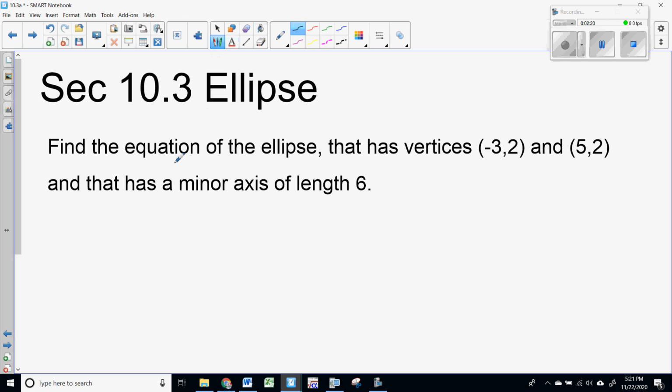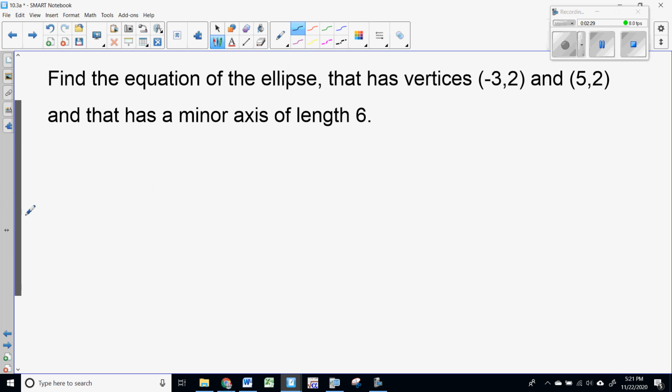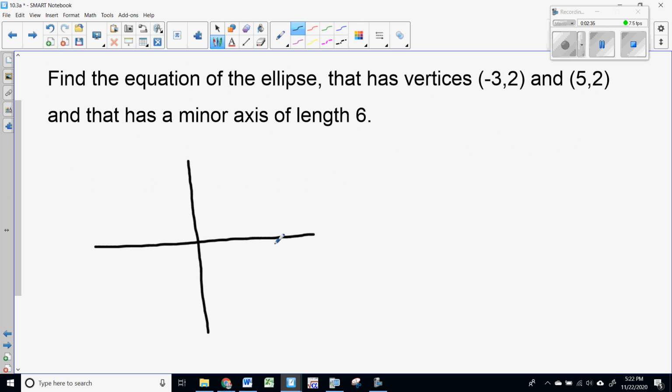Find the equation of an ellipse that has vertices at (-3, 2) and (5, 2), and it has a minor axis of length 6. So step 1 is let's draw a picture. We're just going to make a rough picture of this to give us some idea what's going on.